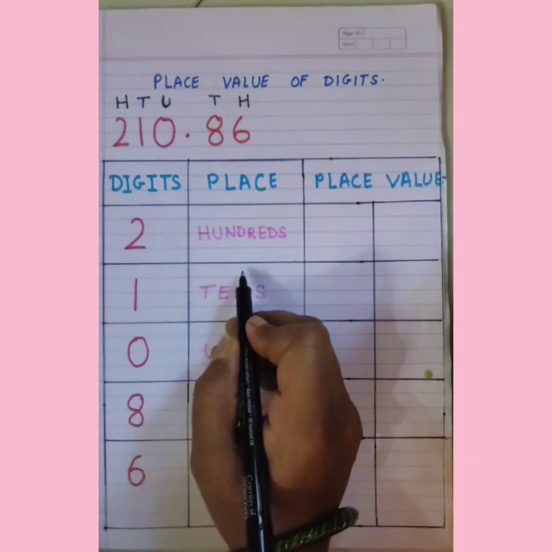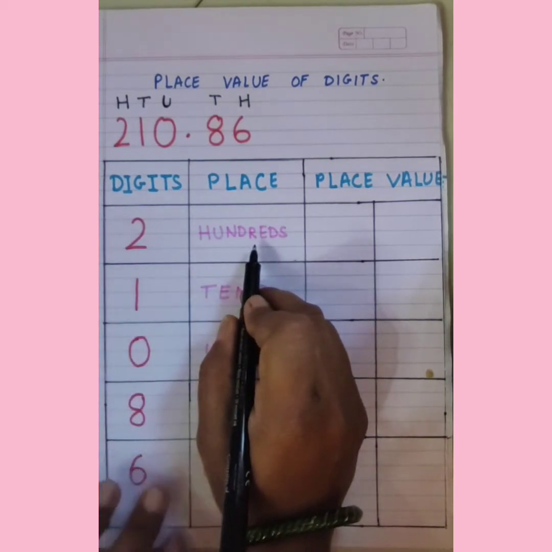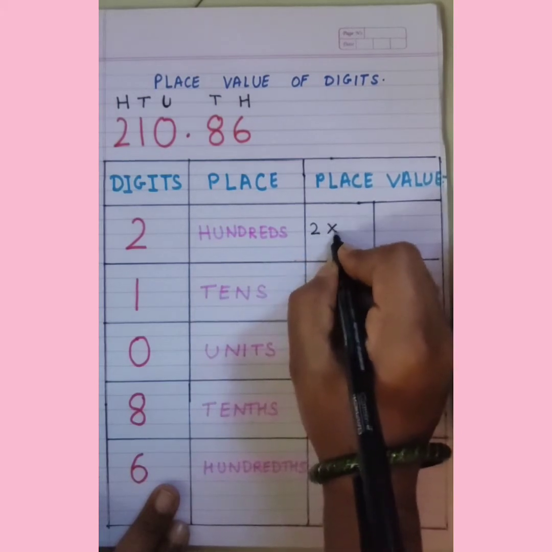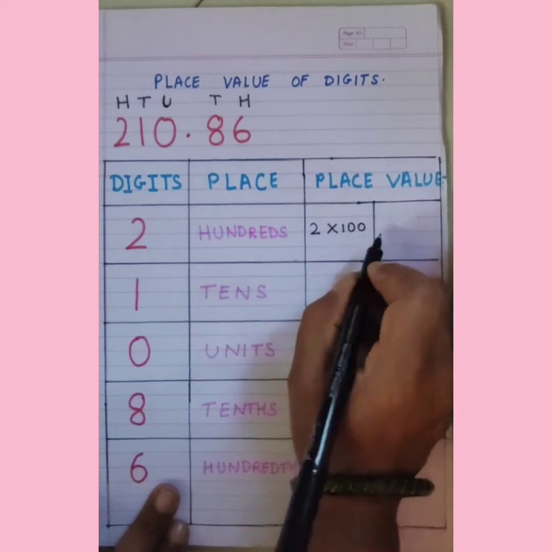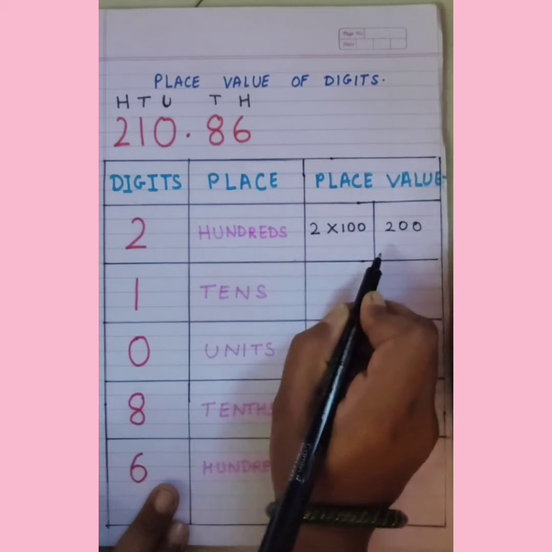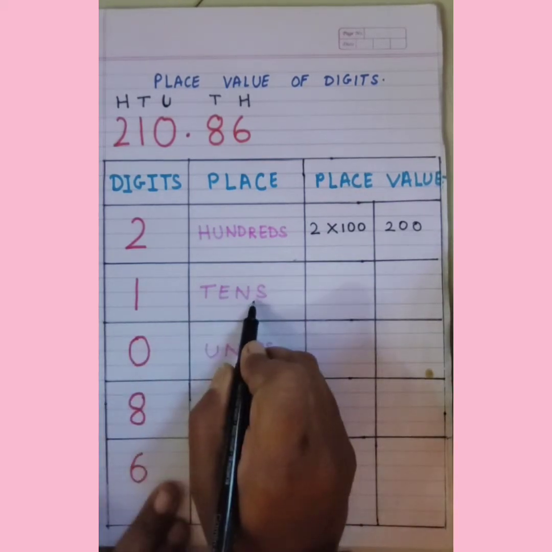Now 2 is in hundreds place. That means 2 multiplied by 100 will give me 200. Then 1 is in tens place.